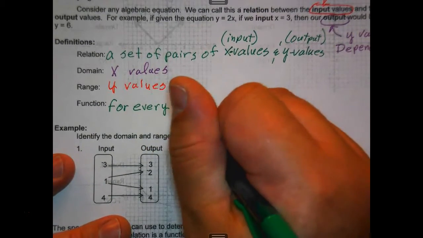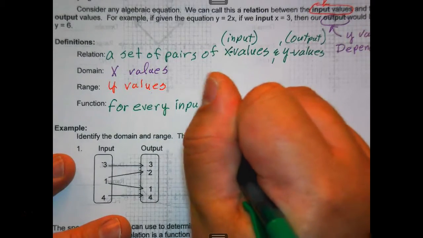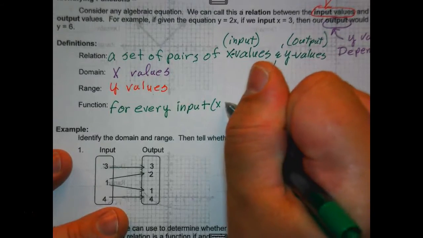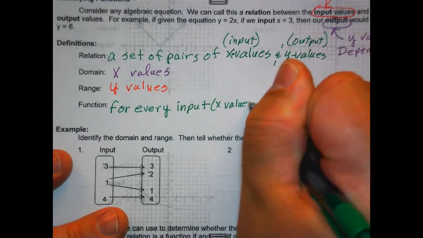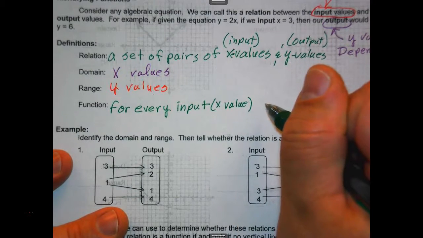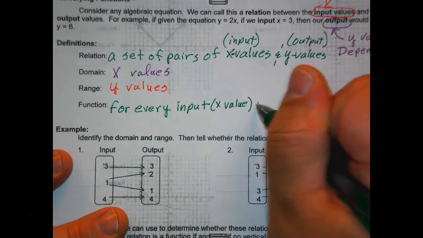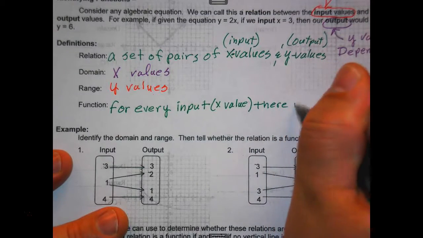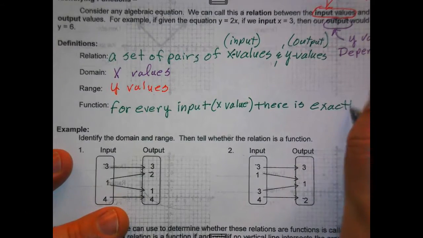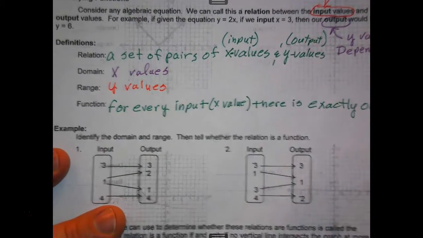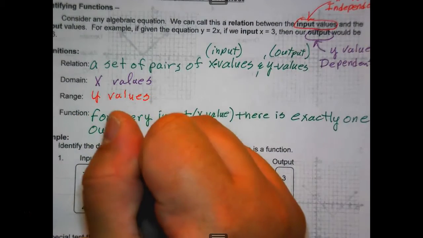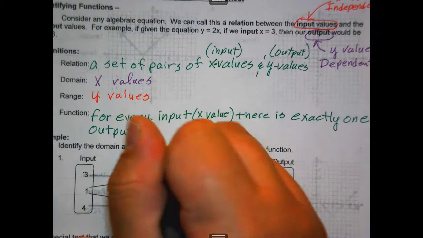For every input, so for every x value, right? There is exactly one output value or y value.